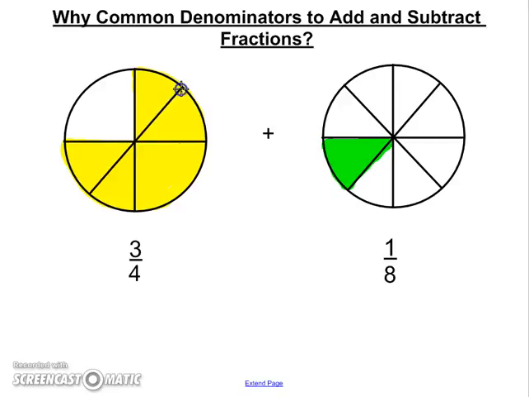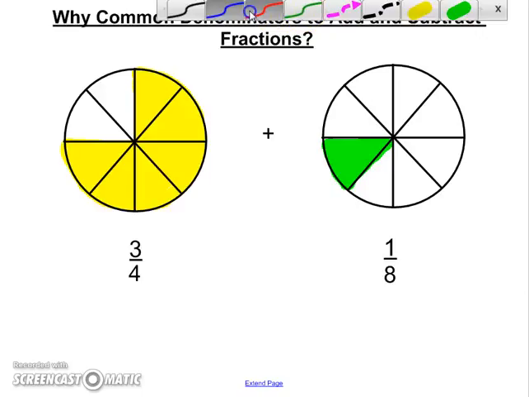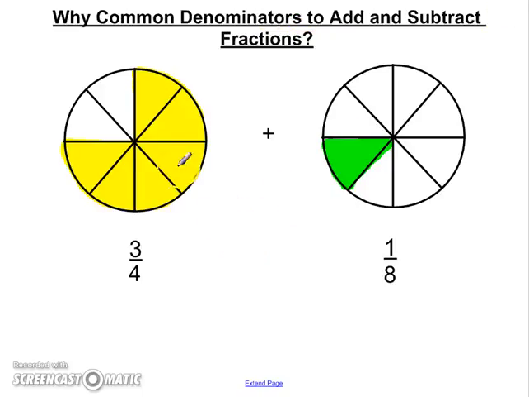If I were to cut these wedge slices in half again, then I can realize that I have 1, 2, 3, 4, 5, 6 eighths now over here.